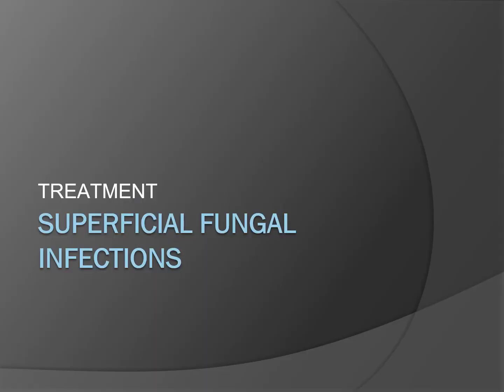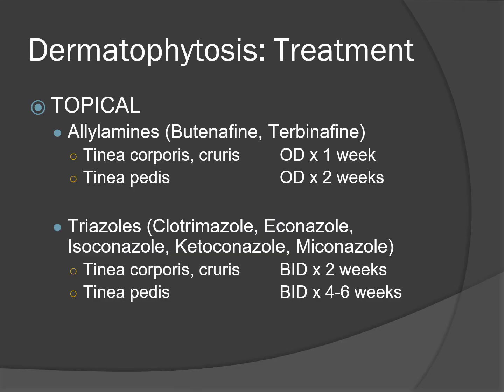Treatment for superficial fungal infections relies on two main groups of medicines, namely the allylamines and the triazoles. For infections such as Tinea corporis, Tinea cruris, Tinea pedis, topical treatments with topical allylamines and topical triazoles do play a role in successful treatment and management.